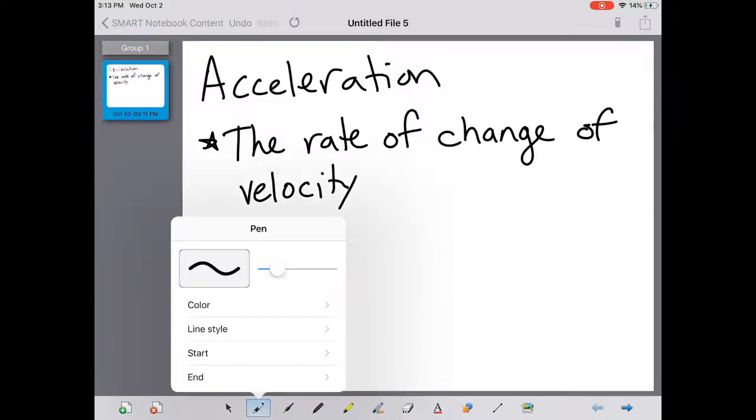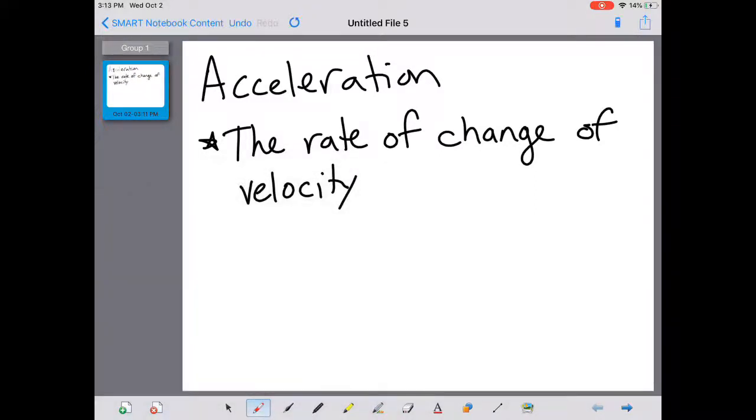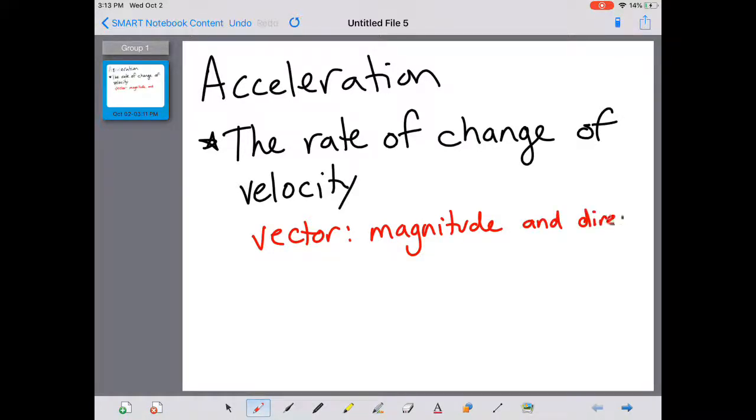So what that means for us is that velocity has magnitude and direction. So since velocity is a vector, and a vector can have magnitude and direction, that means a change of velocity can either be a change in magnitude or a change in direction.